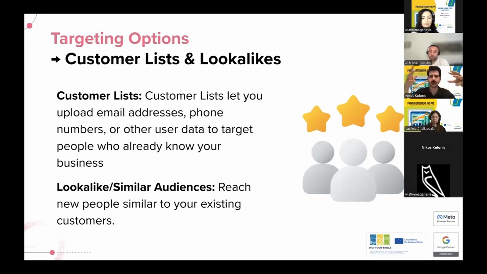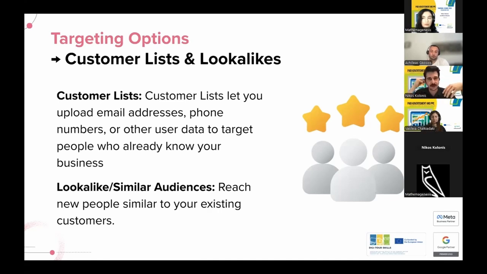So you upload the customer list, and you say to the Meta Ads platform, for example, I have those 2,000 customers that have booked from me in the past. Please find some other people on the platform, on Instagram, on Facebook, that are similar to this original audience.